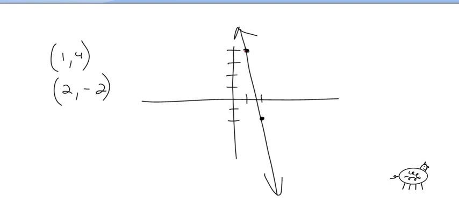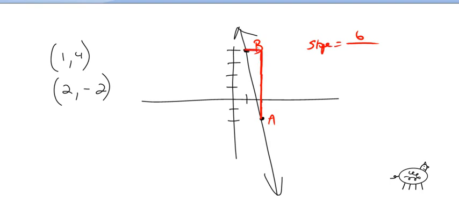Okay, so again, it's rise over run. So which one do you want to go from? Let's actually go from this one to this one. It doesn't really matter. So I'm going to go up 1, 2, 3, 4, 5, 6. So I rise 6 in the positive direction, and aren't I going backwards 1?